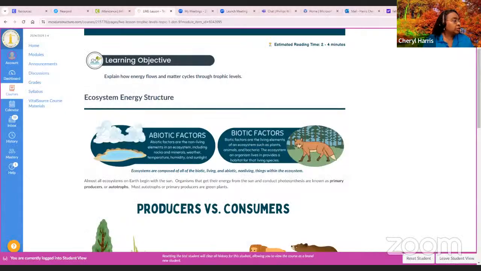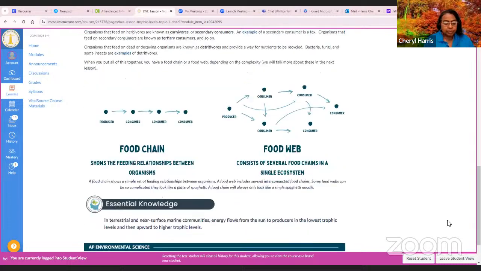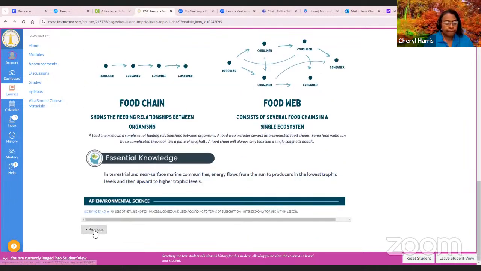All righty. So just a little backtrack. We've been talking about ecosystems and relationships within an ecosystem. And last class, we looked at the energy pyramid. Let me see if I can go back here for a minute to our discussion.